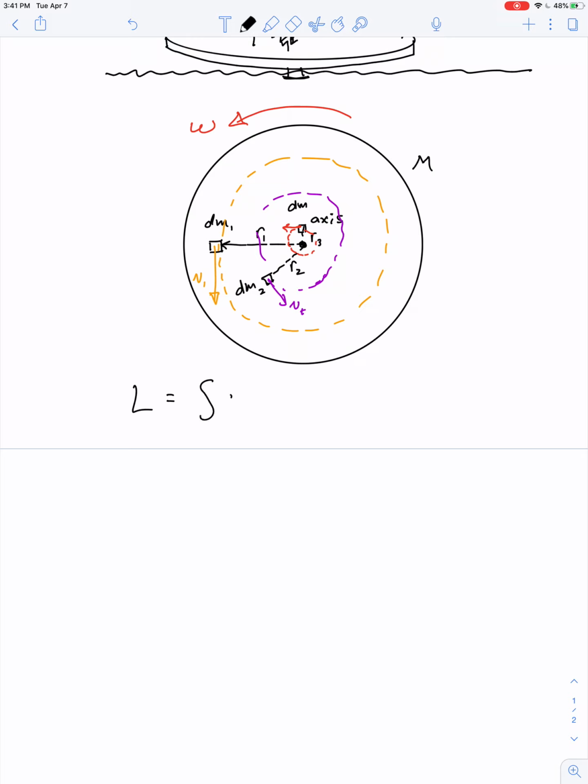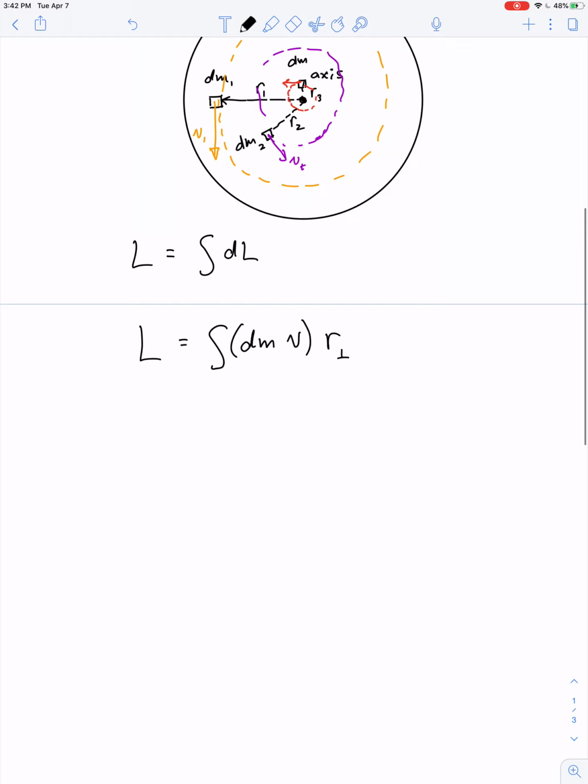Well, the total angular momentum should just be the sum of each one of these dm's contribution to the angular momentum. So the total angular momentum should be the integral of what? dm times v, so that's the linear momentum part of the equation, and then times r. That's it, right? Angular momentum is mass times velocity times perpendicular lever arm. Okay, well, we can substitute in place of v omega times r.